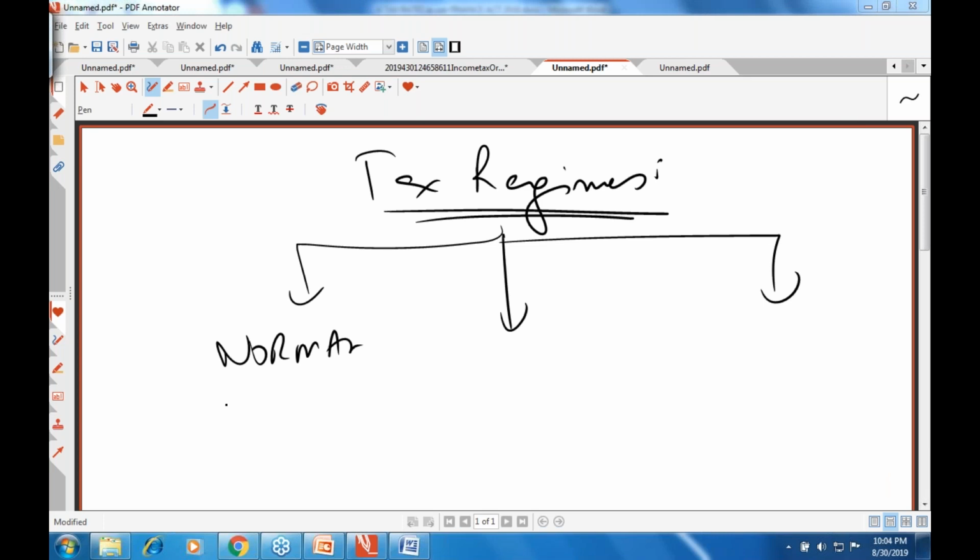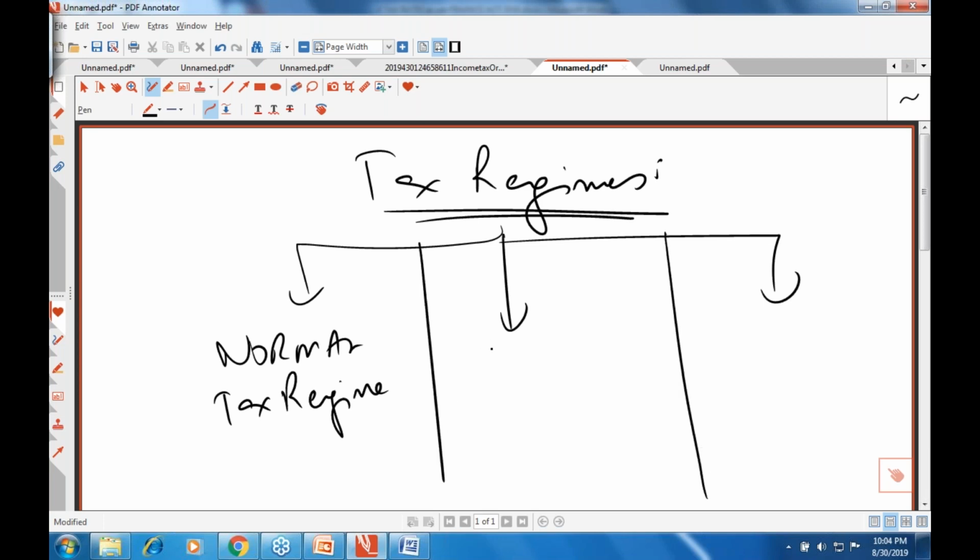Before we talk about what tax rate is going to be applicable, let's try to understand this specific concept. There are three types of tax regimes that are applicable in Pakistan. One of them is called the normal tax regime.